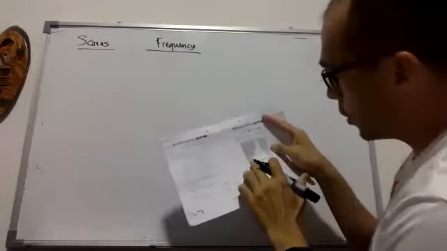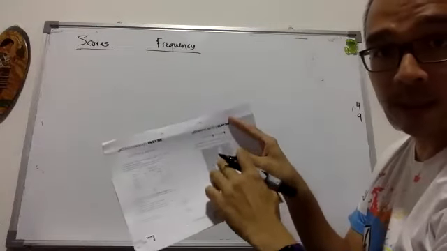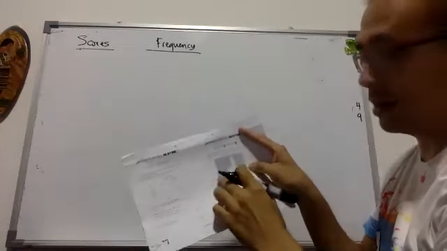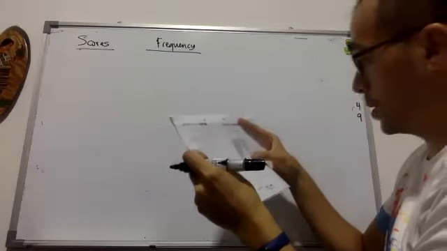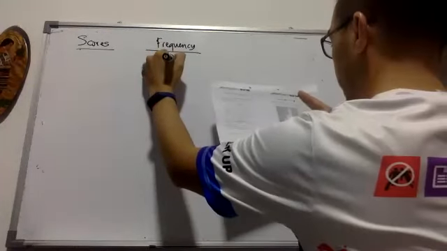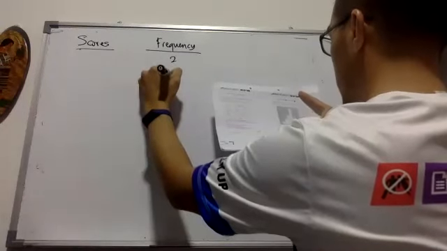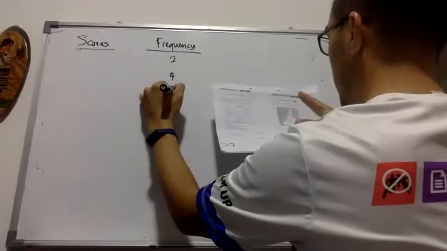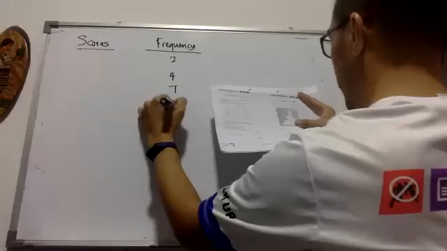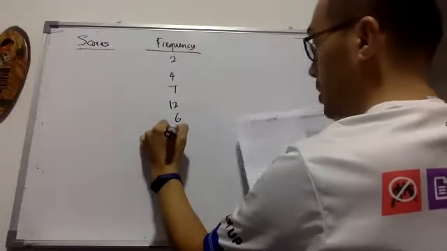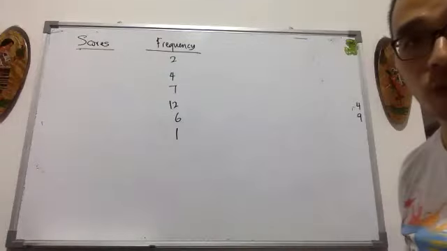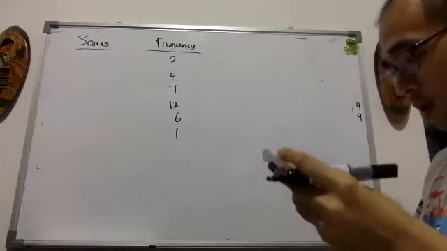The frequencies, according to all these bars, which I can't even see, are: the first one is 2, the second is 4, the third is 7, the fourth is 12, the fifth is 16, and the last one is 1.